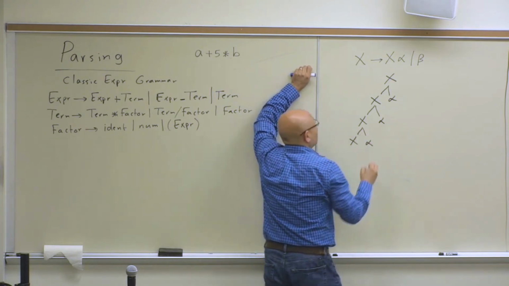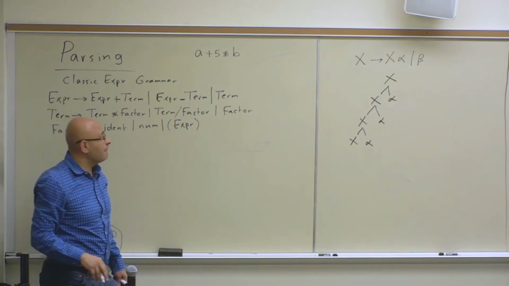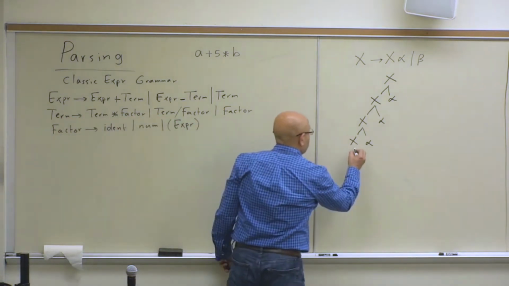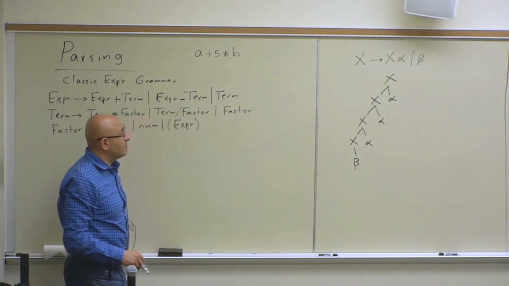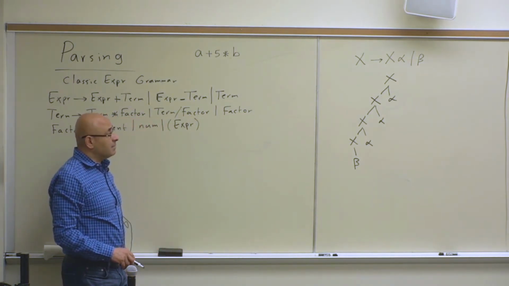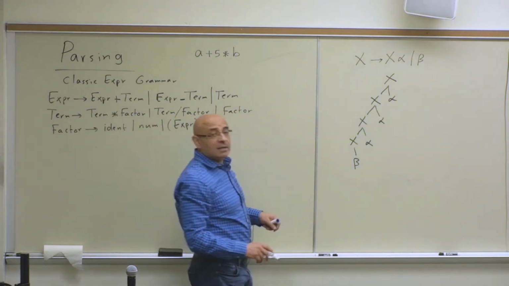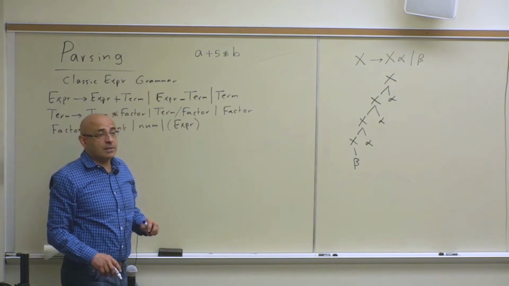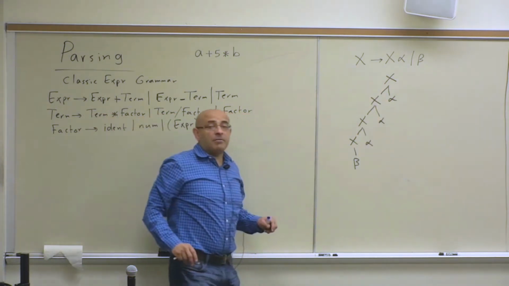You keep doing x alpha, and at the end, to end this derivation, what will you have to have? Beta. There will be a beta. So how can you describe the string that is derived from this grammar with this left recursion? It always starts with beta, followed by any number of alphas, right?